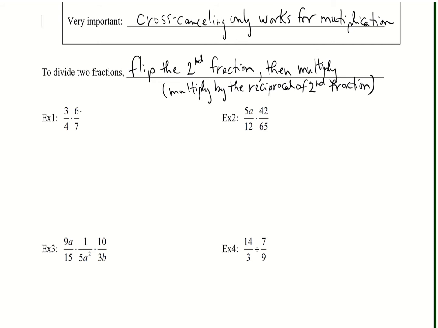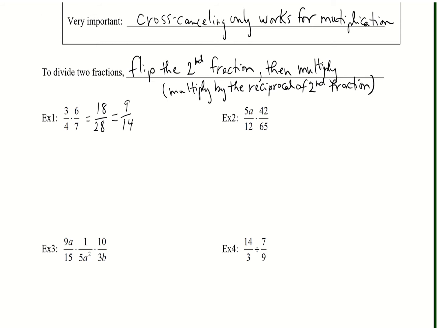That would be 3 times 6, and in the numerator we would get 18, and then 4 times 7 in the denominator would give us 28. But that's going to require us to reduce, right? Both of these numbers are divisible by 2, so 18 divided by 2 gives us 9, and the denominator 28 divided by 2 gives us 14, and we can't reduce anymore.